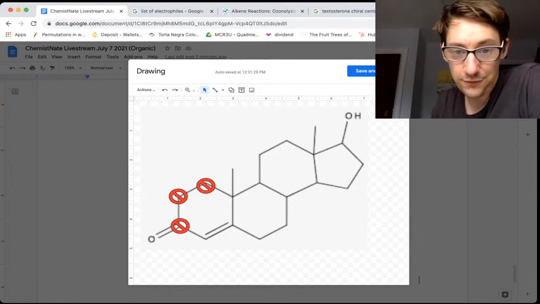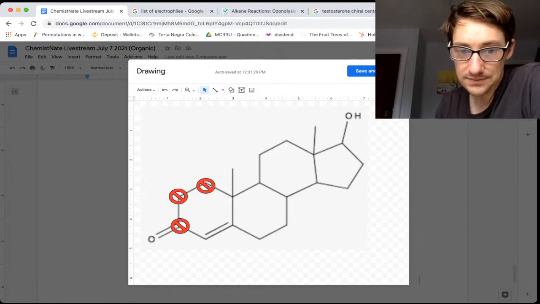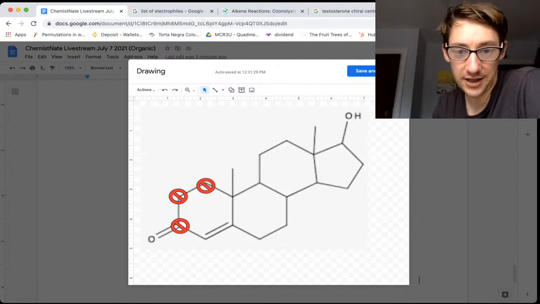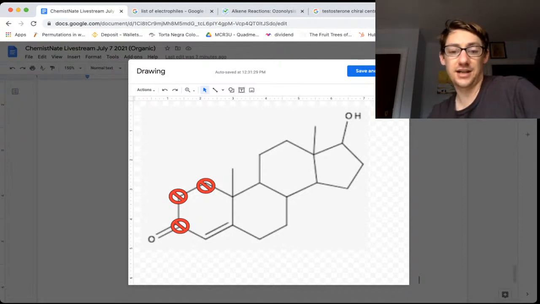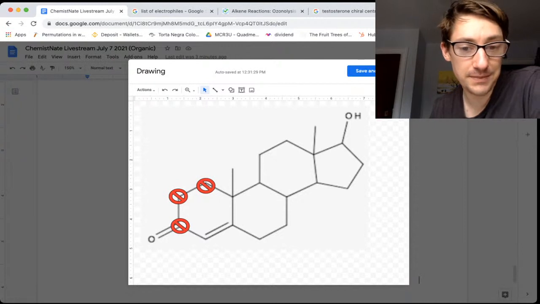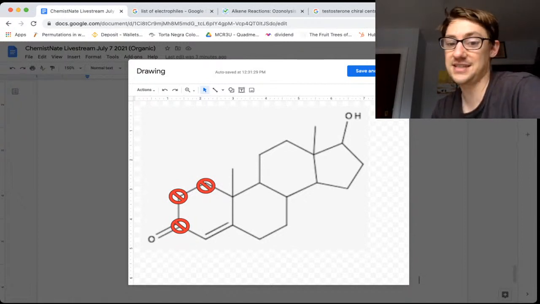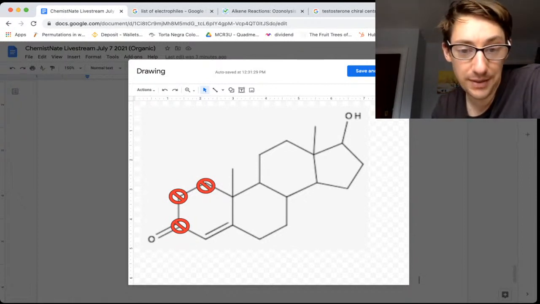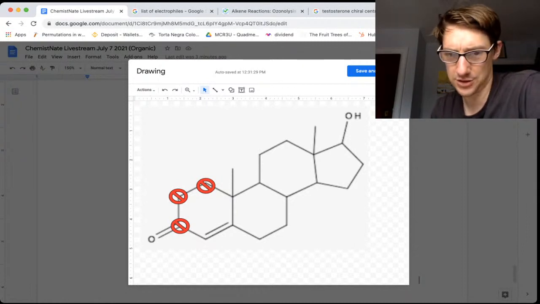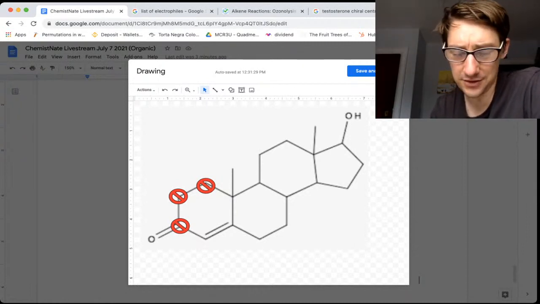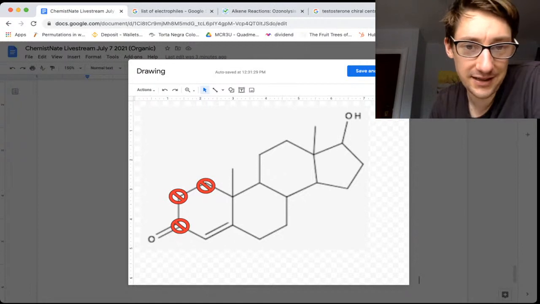This carbon, for example, is connected to 4 other carbons. But each of those carbons is very different from each other. This is a CH2, which is connected to more carbons. This is a CH3. This is a CH. And actually, this is a C that is double bonded to another C, which was not like any of those other carbons because there was no double bond there.